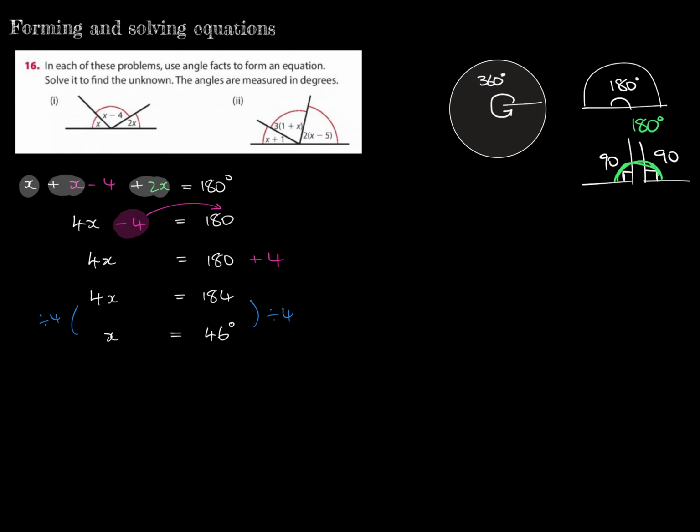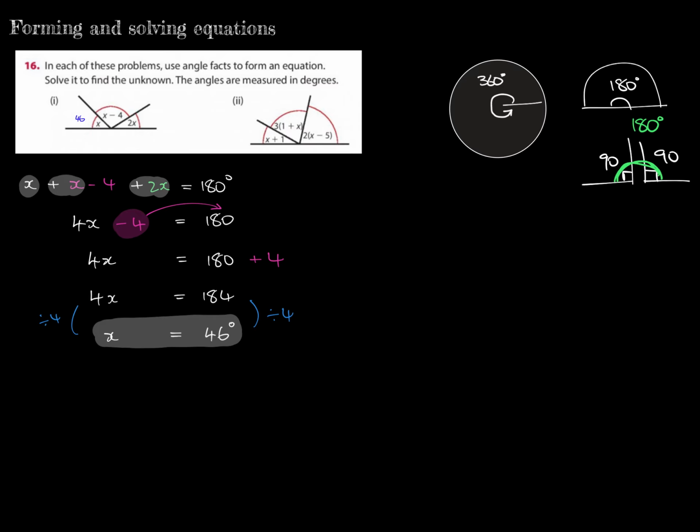Okay, so once we get our answer there, which is 46, we can go back and check that the answer is definitely correct. How we do that is very simple. We just sub that value back into the original. So this here would be equal to 46 degrees.